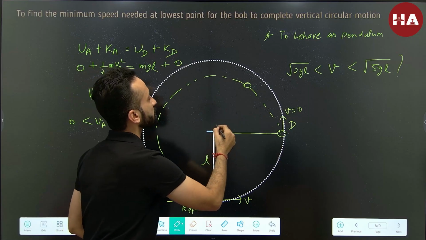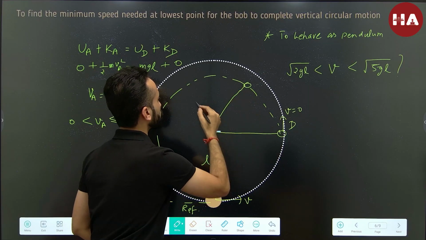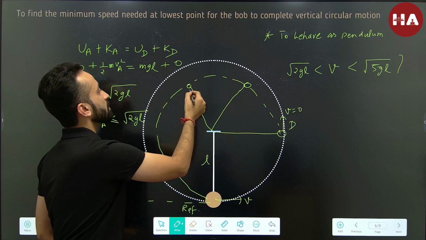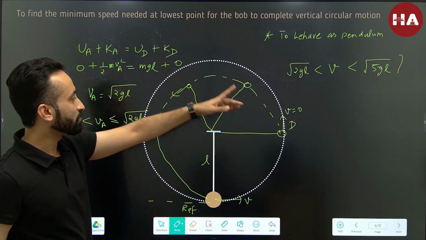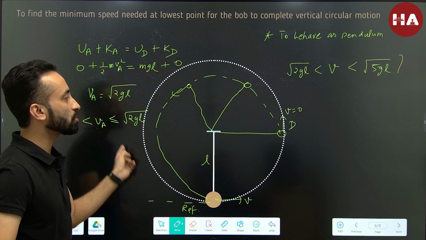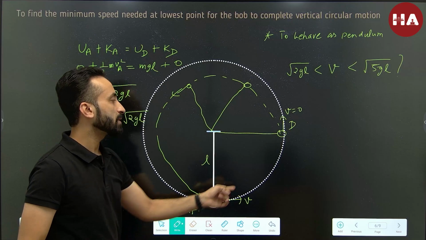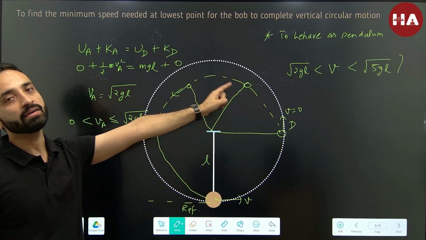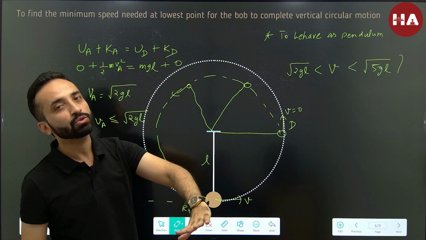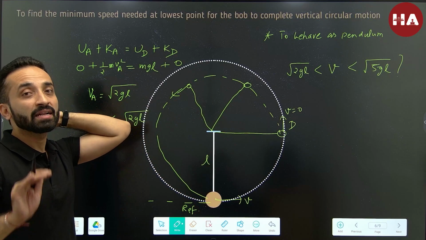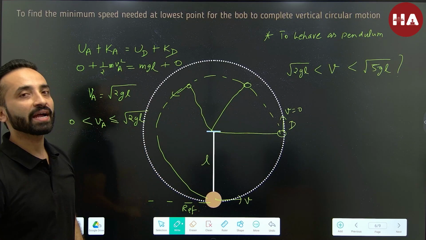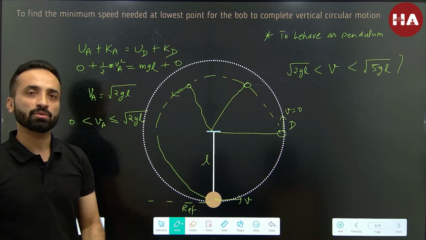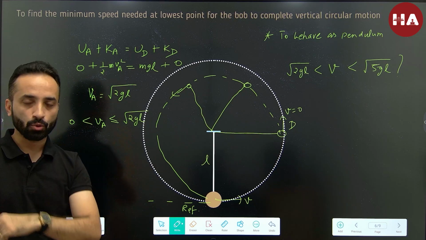Now the string has slacked, so it will be like a projectile. So it won't be able to complete the circular path, but at the same time it won't behave as a pendulum. That will happen when velocity is more than root 2gL but less than root 5gL. Keep that in mind as well. Alright, you can copy this down and then we take one more case.